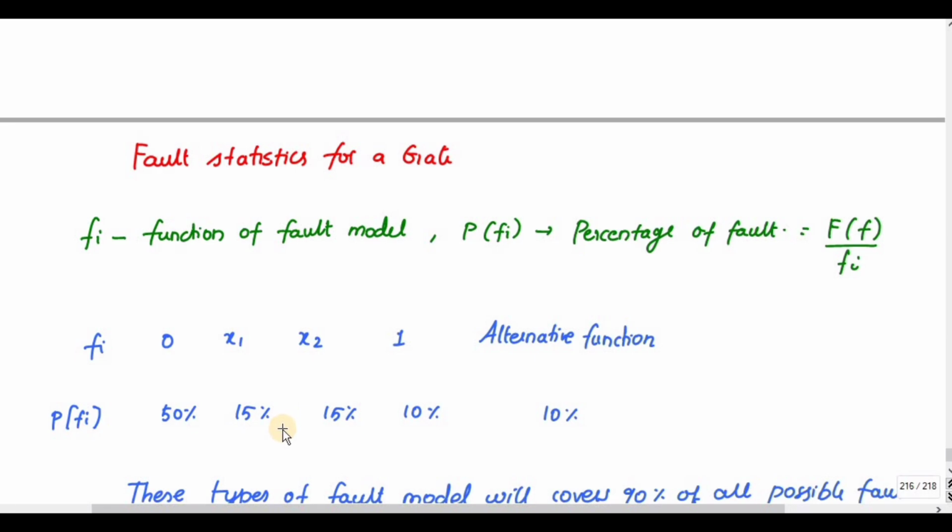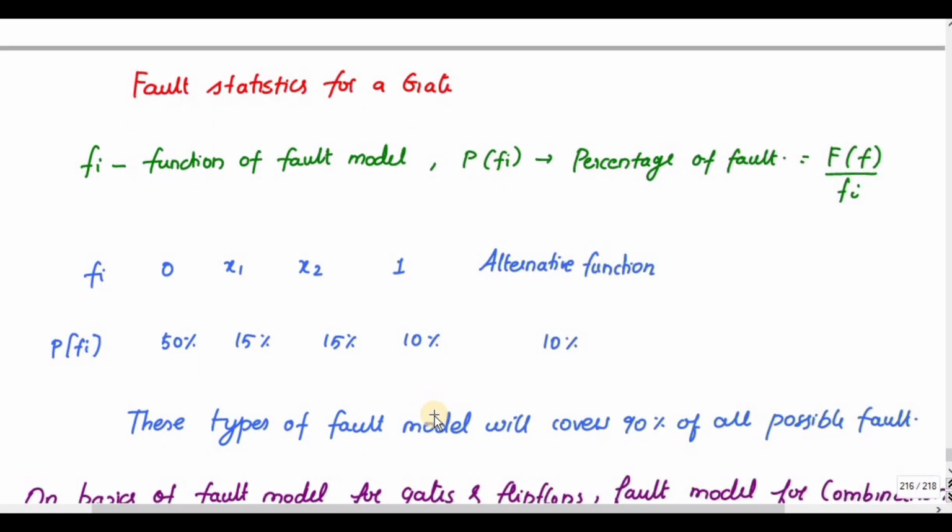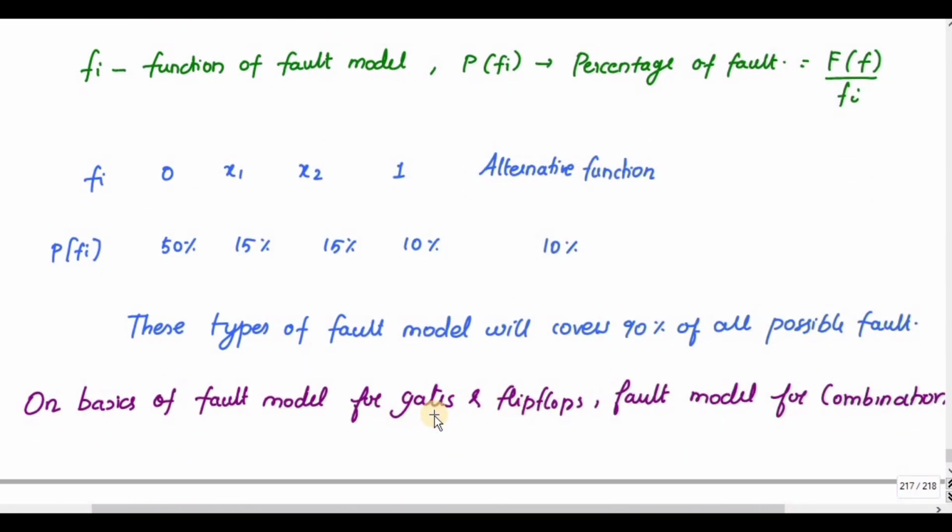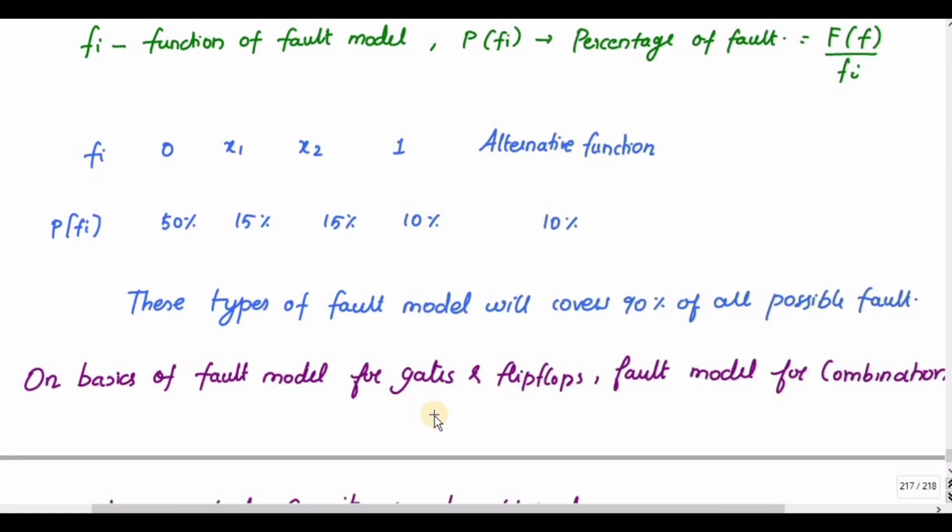If I substitute the formula, I will get equations like this. If you see here, 50 plus 15 plus 15 plus 10 is 90%. So 90% of the possible faults are covered by this type of fault model, and only 10% of faults are not covered.